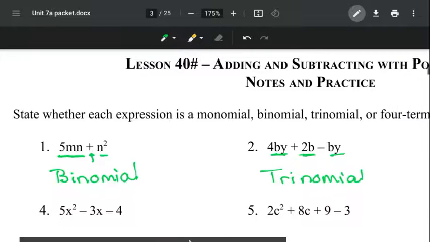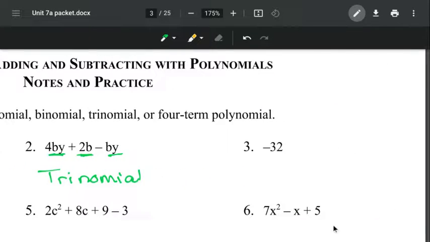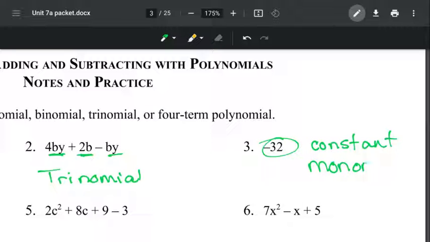Let's see, I want to move this over. Number 3, it's just a number. This is called a constant. Plain numbers are called constants. So this is also a monomial. So go ahead and finish questions 4 through 9, pause the video, and then come back and check your work.